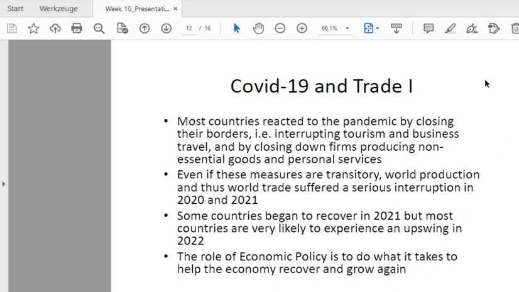Let's switch now to the virus. Well, the virus surprised the world economy towards late 2019. There are still investigations going on about where this virus came from.